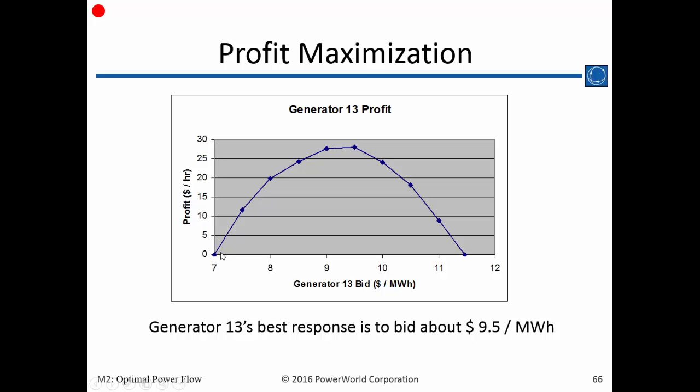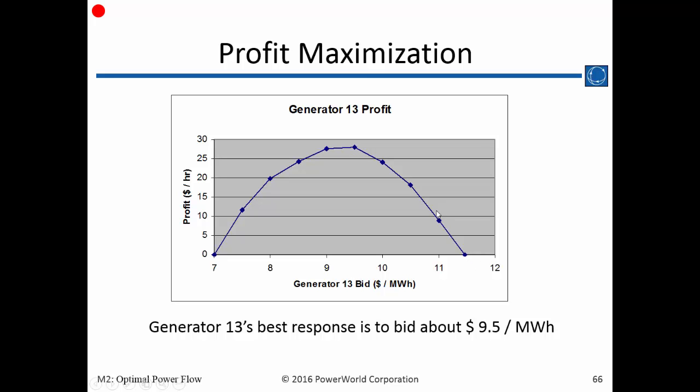By varying the bid from the generator in 50-cent increments, a series of optimal power flows can be solved, and then you can determine where that function hits its maximum. Again, this assumes that the rest of the network doesn't respond, and if the generator bids too much, it doesn't get dispatched at all.